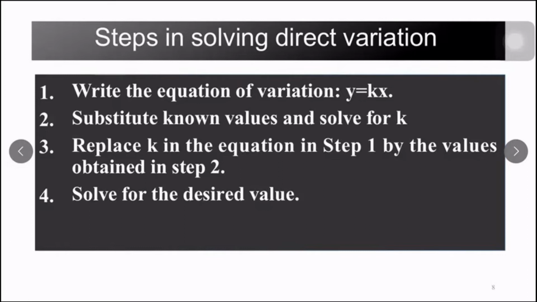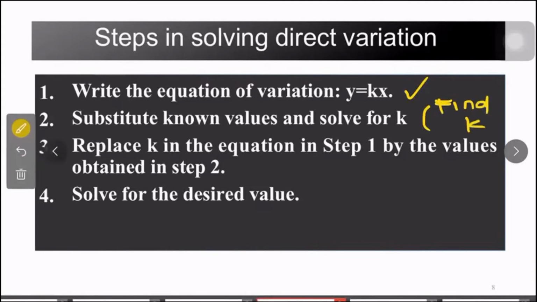Always remember, in step number 1, we always do this one. So madali na po yan. For step number 2, we just need to identify or find k. So ito lang po yung tinutukoy for step number 2. And for step number 3, we replace k in the equation of step number 1 by the value found in step number 2.